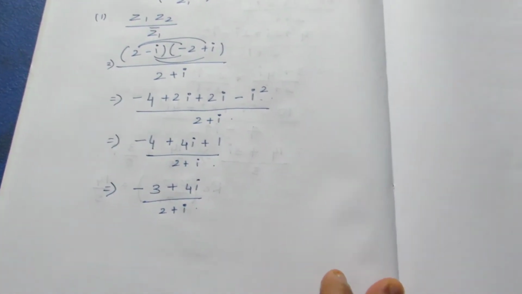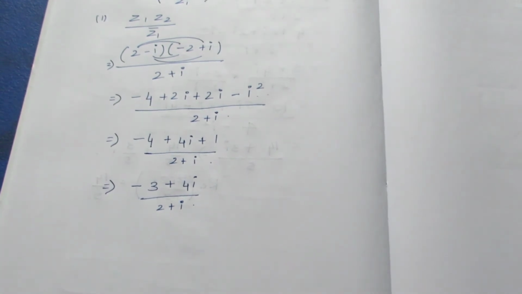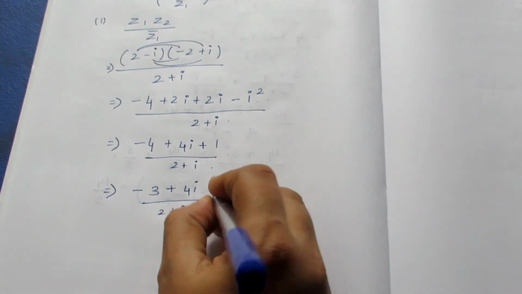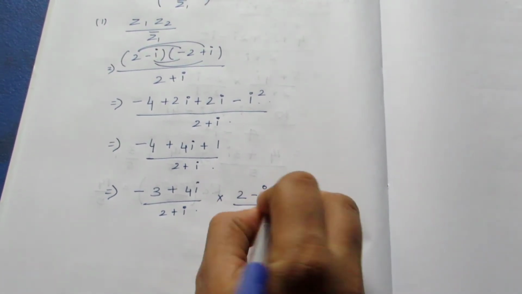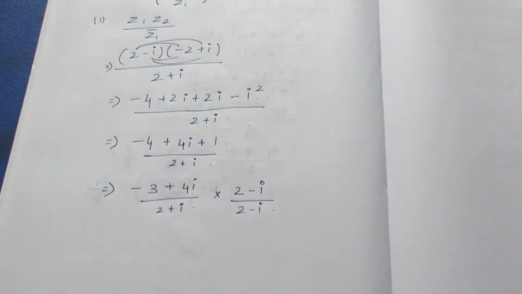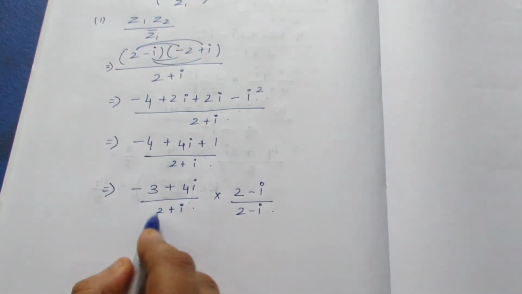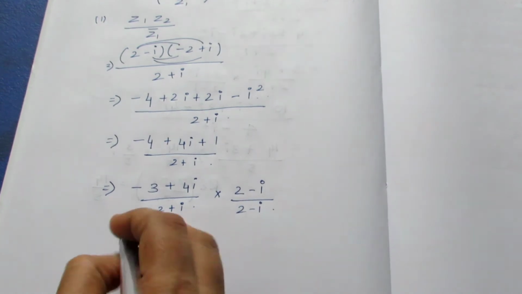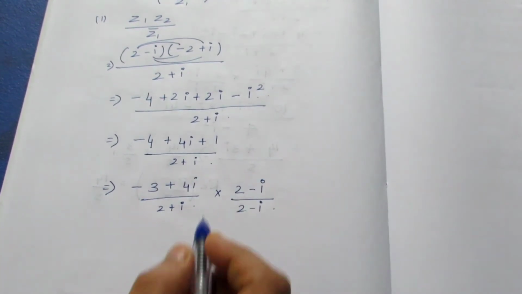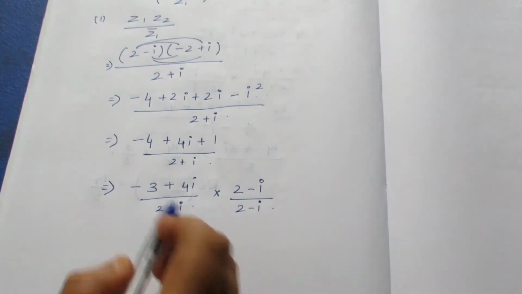Before finding the real part, there should not be any complex number in the denominator. But here we have a complex number. To remove it, we need to use the conjugate, by multiplying both the numerator and denominator with the conjugate of this denominator. So we multiply in the same way, with binomial multiplication.